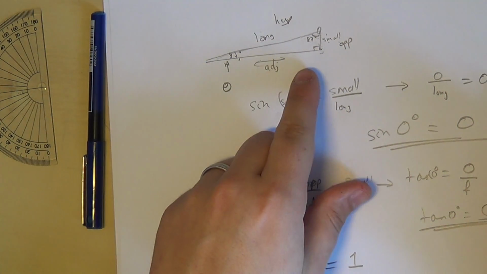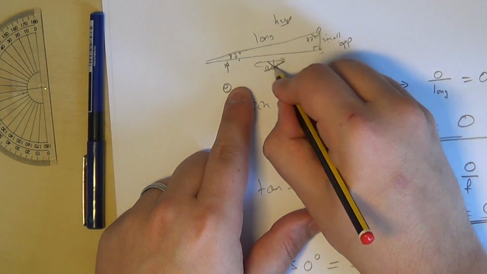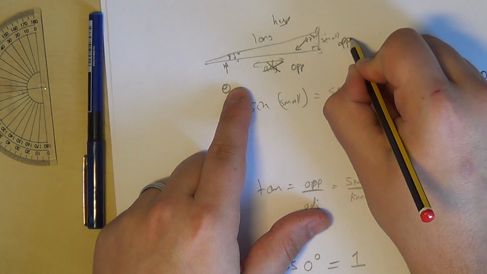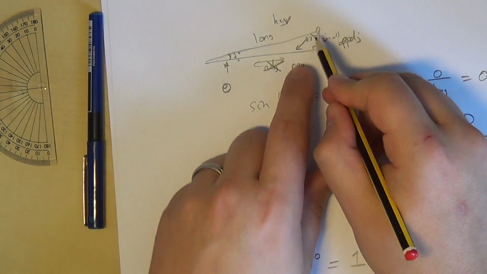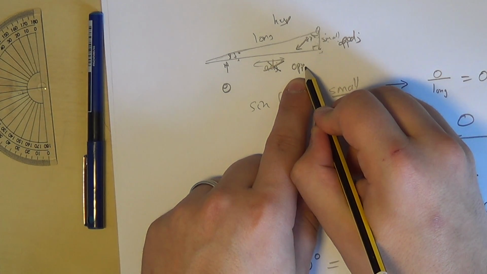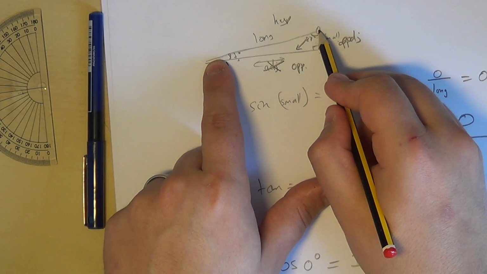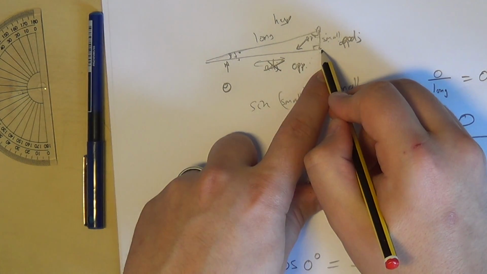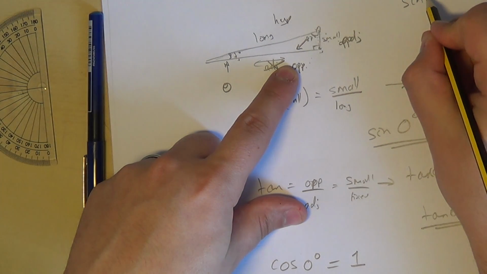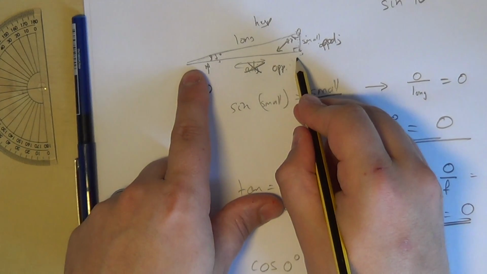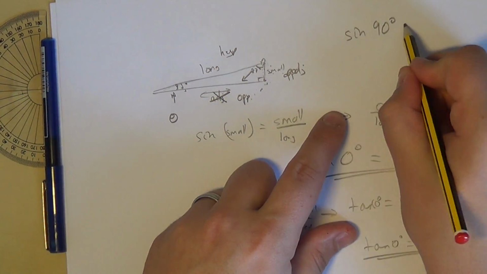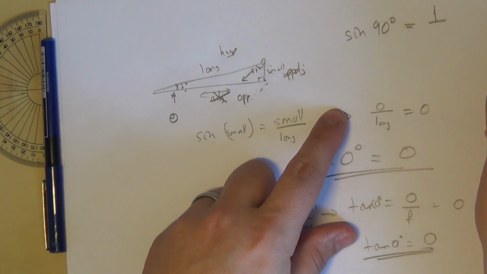So, as this grows, so we're now looking this way, this is the opposite, and this is the adjacent. As this angle grows, or this angle shrinks, this opposite becomes more and more similar to the length. They become identical eventually. When they're touching, they are identical. So that means at 90 degrees, we have this opposite divided by this hypotenuse, and they become identical, which means that when you divide something by itself, you get 1.